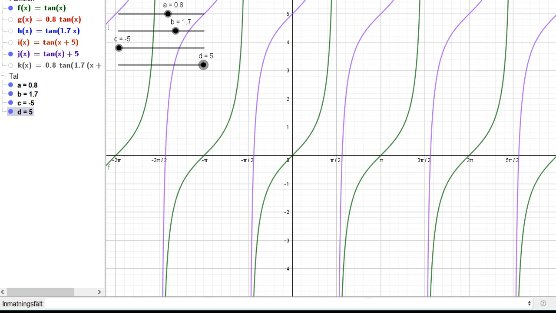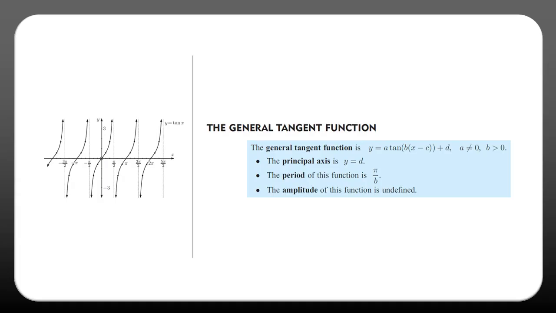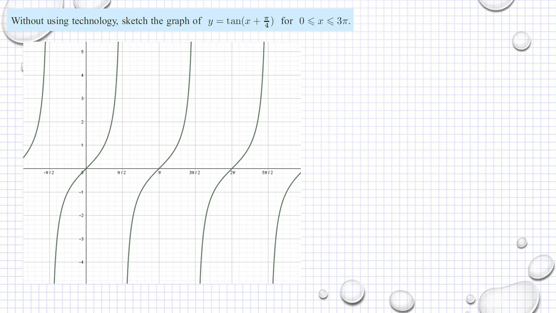Let's have some examples. Without using technology, sketch the graph of y is equal to tangent of x plus pi divided by 4. That's 45 degrees. That means we need to shift to the left, sorry, to the left by pi over 4. So if this is pi over 4 there, we need to have this thing.